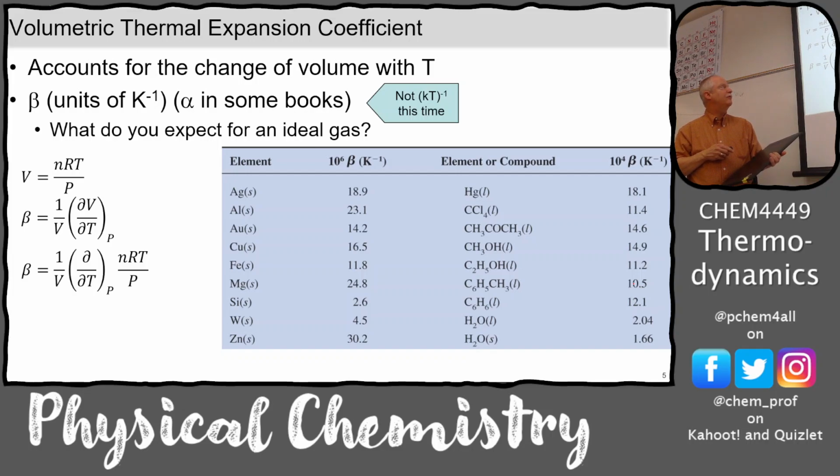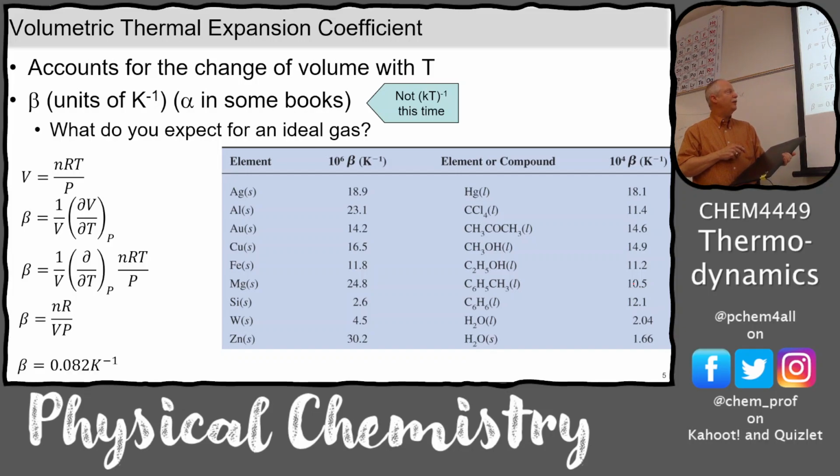So that's pretty straightforward. T is up here in the numerator, so it's just nR over P. We have this 1 over V in the front, kind of to help with the units. So this is our beta for an ideal gas. If we had the state functions for a liquid or for a solid, which would be different than the ideal gas law, then we could do this for liquids and solids, different substances and so on.